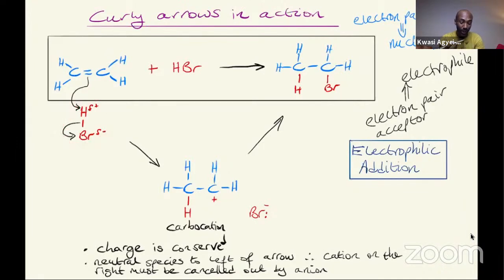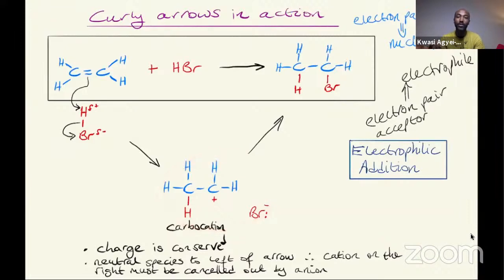It isn't ionic. Okay, and that means that when you make a carbocation as an intermediate here, you need to have that plus charge being cancelled out by another species, and of course that is the bromide with its minus charge. Okay, so charge is conserved. The plus here and the minus here cancel each other out so that there's no overall charge here.